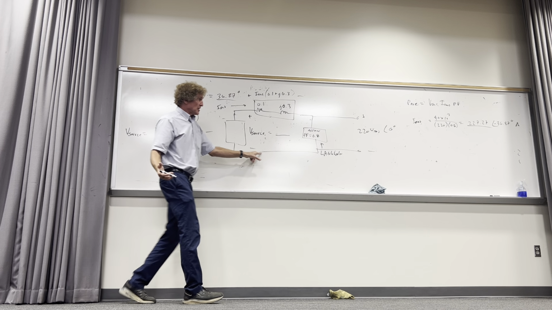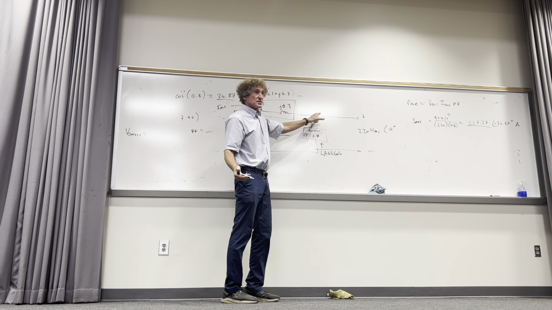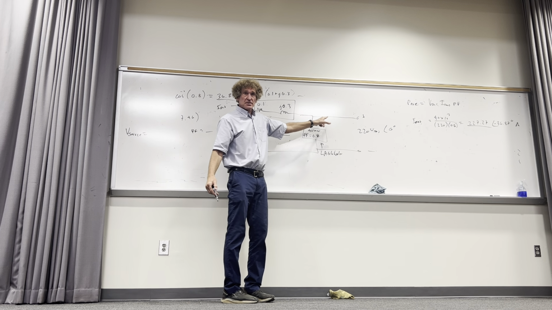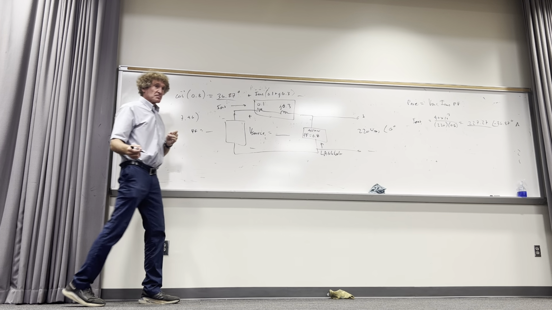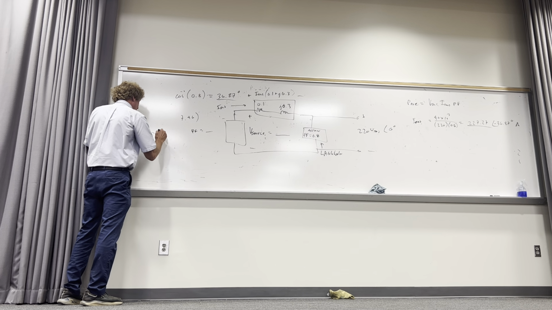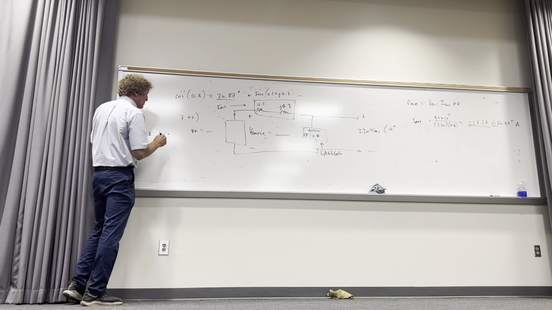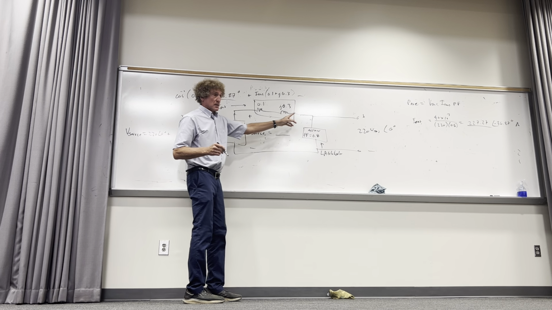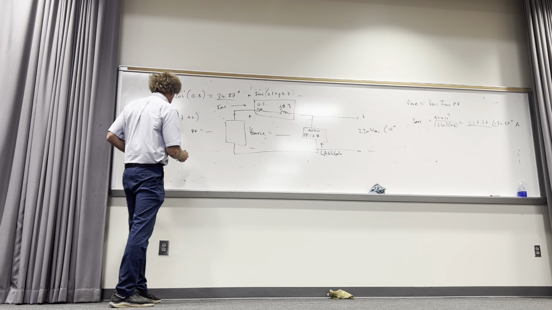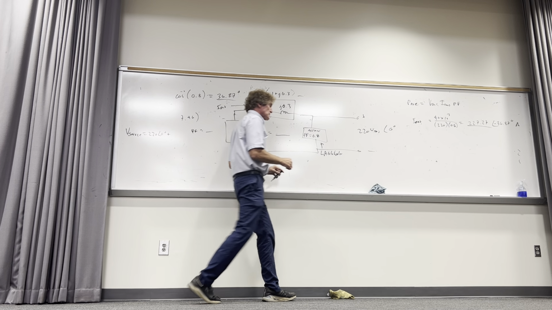I start here and I come here and I get a voltage increase of 220 at 0 degrees. Does everybody see this? It should be very obvious by now, right? So I get 220 at an angle of 0 degrees plus what? Which would be I_RMS. I'm going to leave it as just I_RMS there.